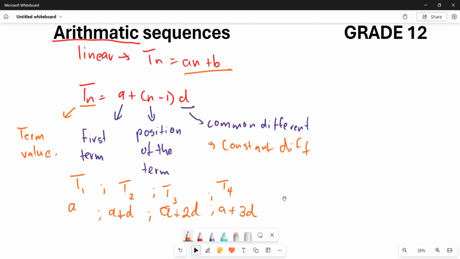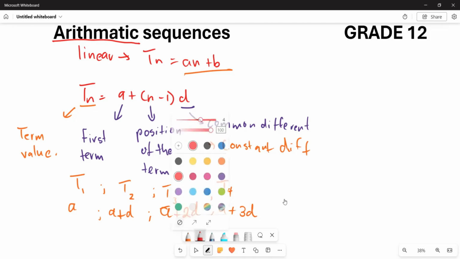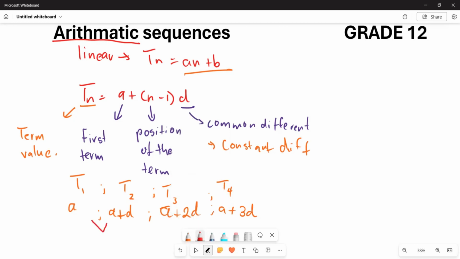Now, if you want to find out the differences, you can subtract your term 1 from your term 2. Remember we said your constant common difference is given when you have term 2 subtract term 1, and it is equally the same when you say term 3 subtract term 2.